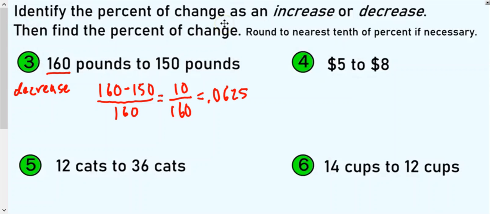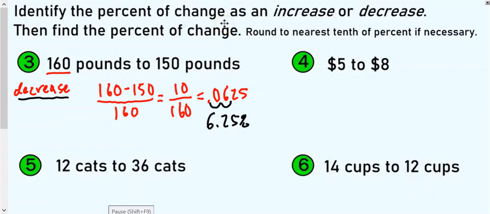And now you can slide your decimal over 2 places, 1, 2, and you get 6.25%. And then remember back, it is a decrease, so we have a 6.25% decrease for number 3.